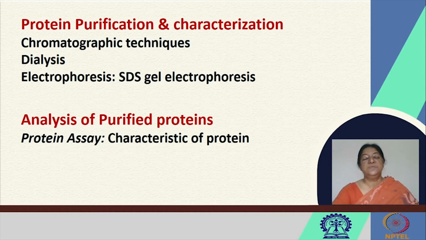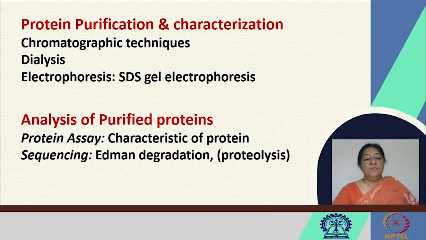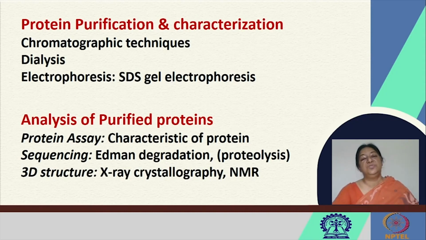If it were a specific functional protein, we would look to see whether it is performing its function to realize that we have achieved our protein of interest. Following this, we can do sequencing to look at whether we have the amino acids in the correct sequence, or follow the 3D structure, which would tell us whether we have the particular protein of interest in its folded form.